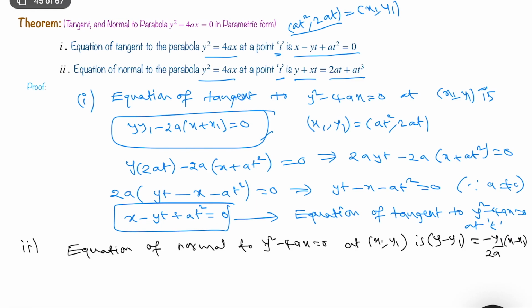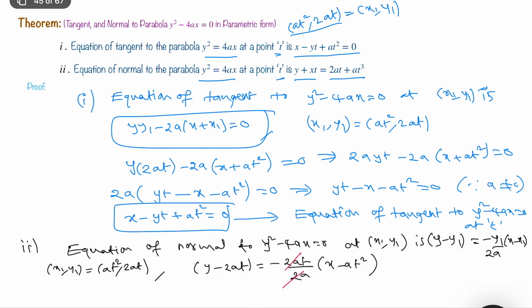Our point x1 y1 is at square comma 2at. Let us substitute at square for x1, 2at for y1. So we have y minus 2at equal to minus 2at by 2a times x minus at square.